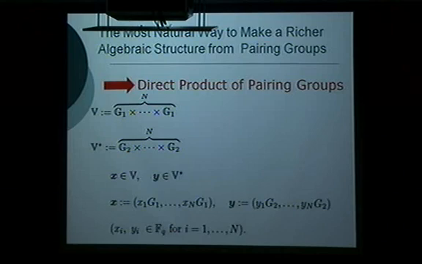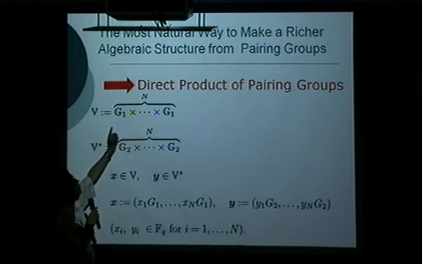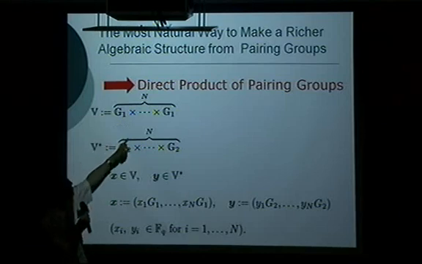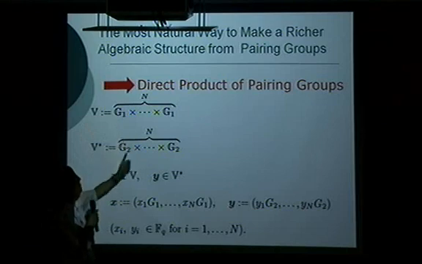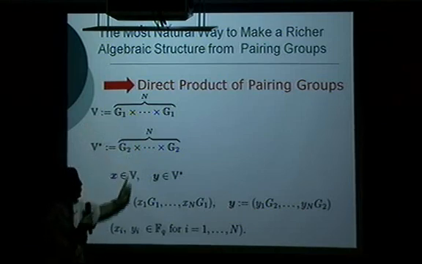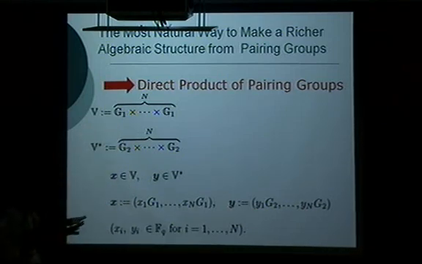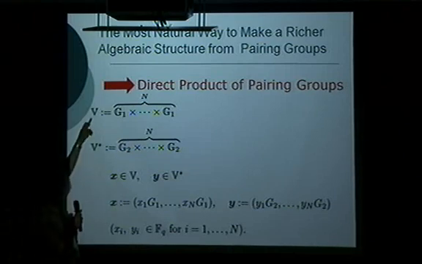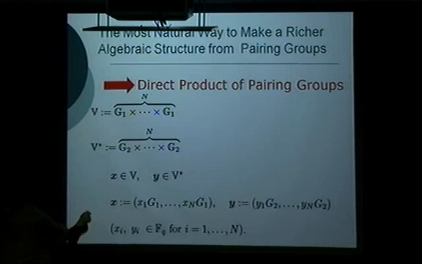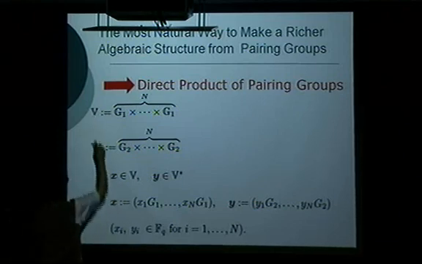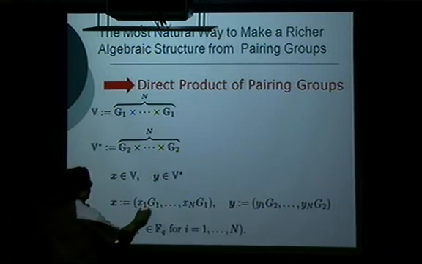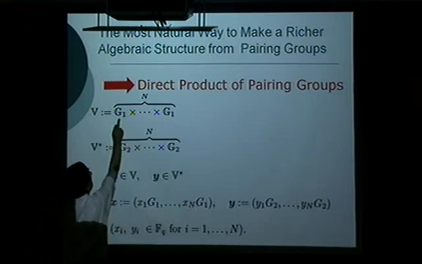Okay, for example, now we consider the n direct product of groups, and V is over G1 and V star is over G2, and direct product means an element X in V is expressed by just a tuple of group elements of this group.